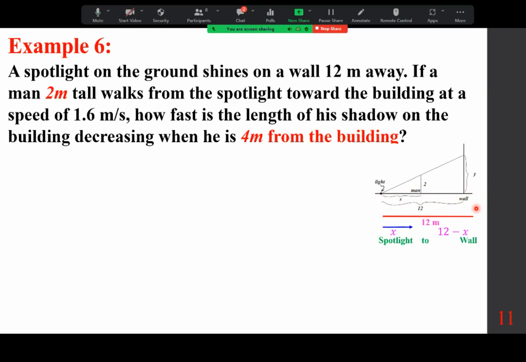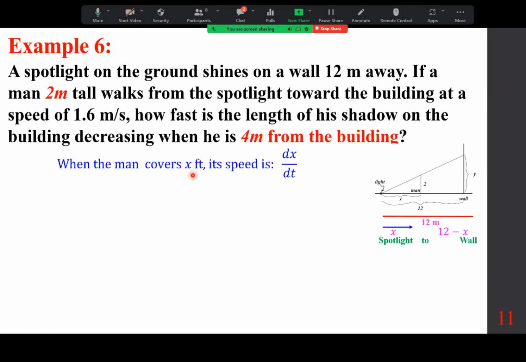And we want to know how fast is the length of his shadow on the building. So this one is decreasing when he's 4 meters from the building. That means this distance. And what is this distance? 12 minus x. So when 12 minus x is 4. So let's do the following writing.